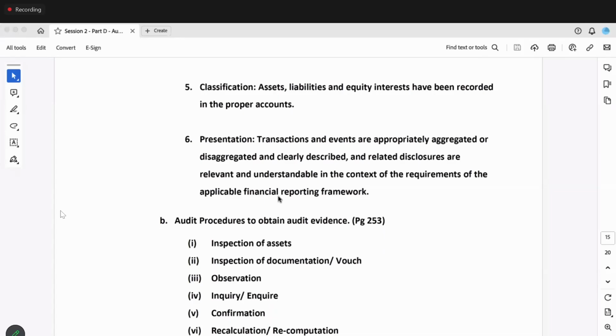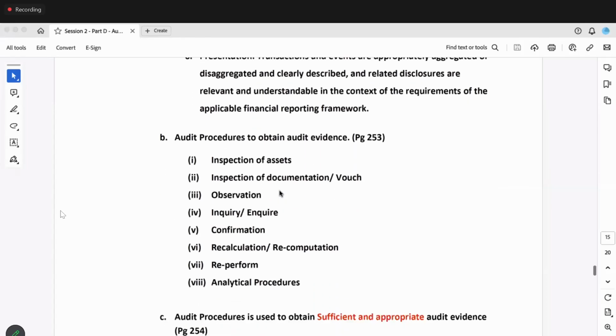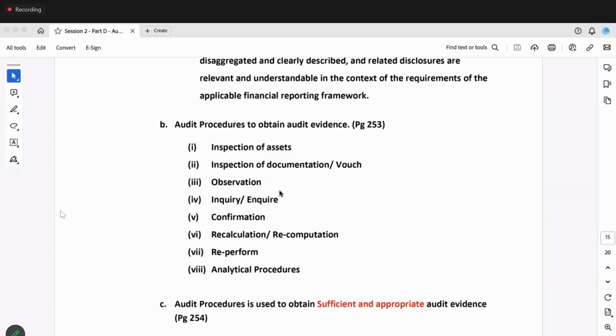All right. Usually we will get a copy of the reporting standards and compare it to the financial statement presentation and disclosure drafted by the client, and see whether their presentation and disclosure is appropriate or not. These are some of the very common audit procedures that we use to obtain audit evidence.